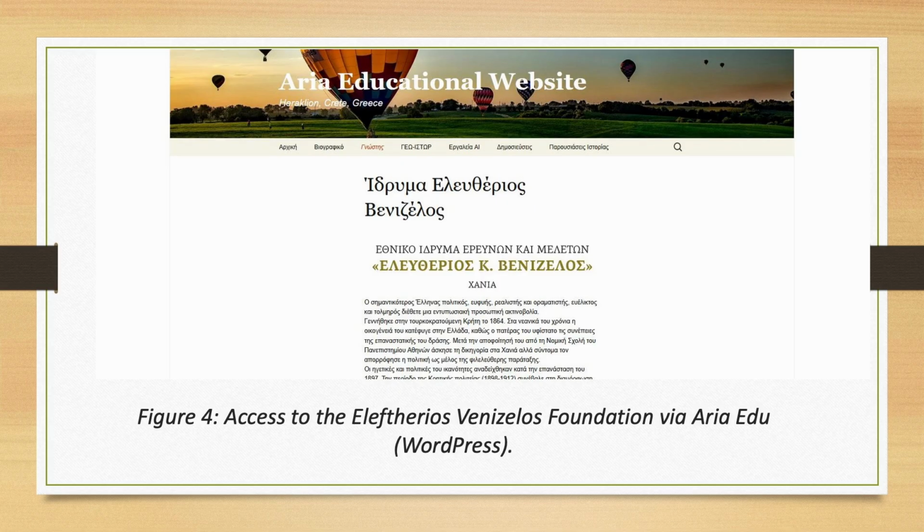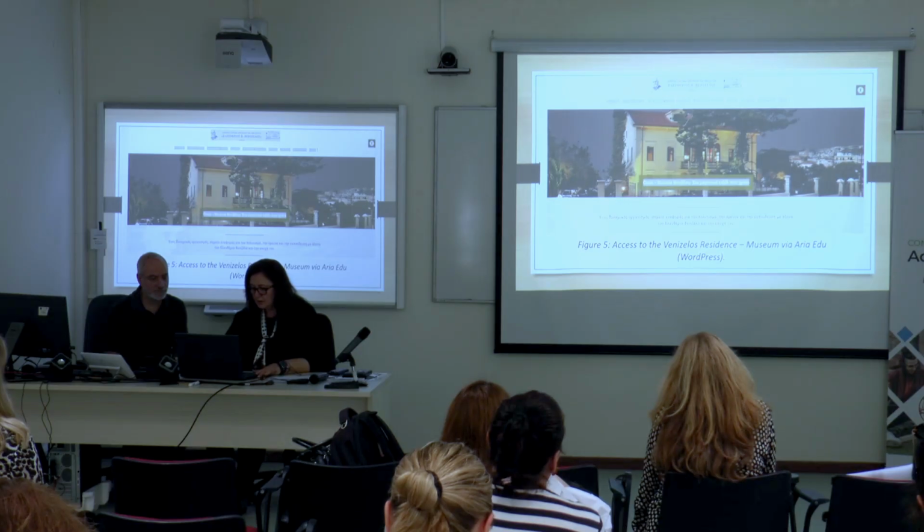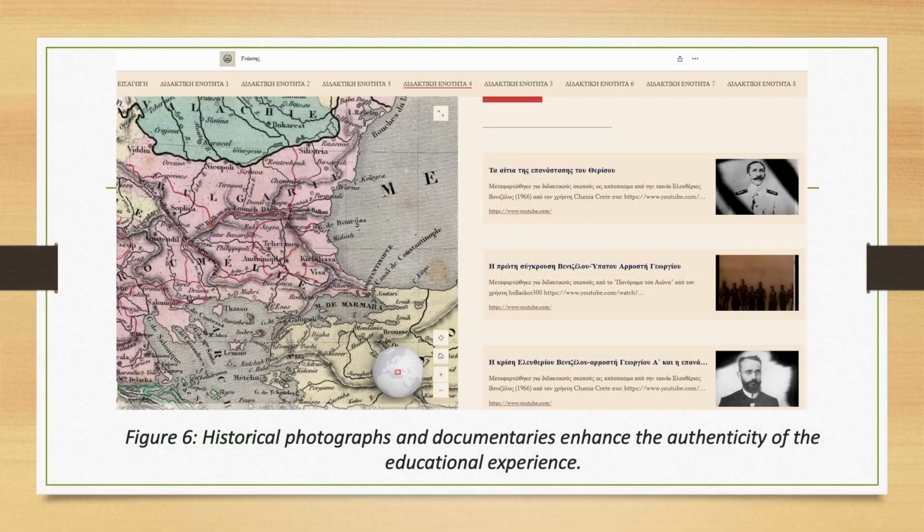Here you can see the ARIA educational website, and here is the Eleftherios Venizelos Foundation, which is imported inside our WordPress site. The Eleftherios Venizelos House, now a museum, and again historical photographs and documentaries that enhance the authenticity, and a map that has the right place on the screen.